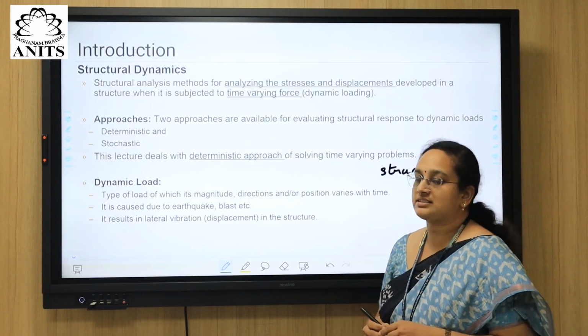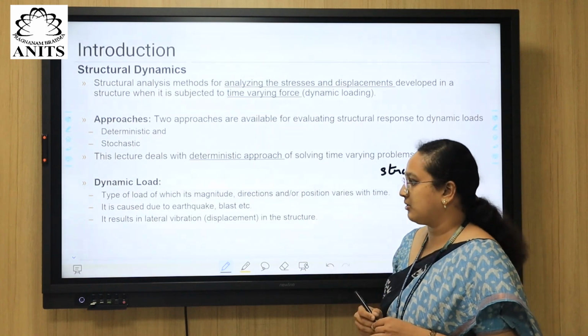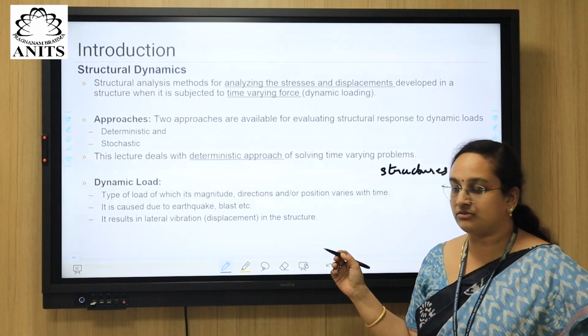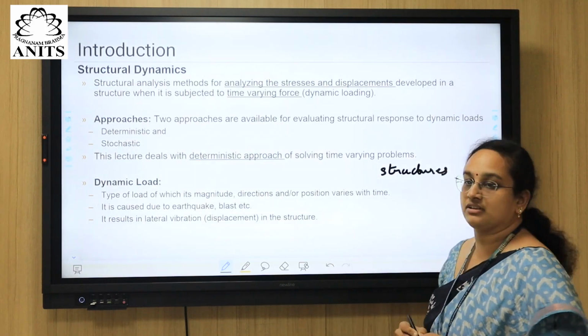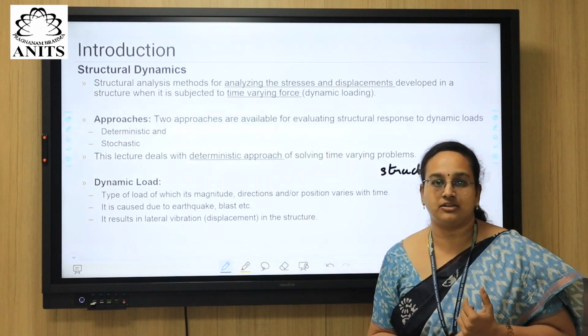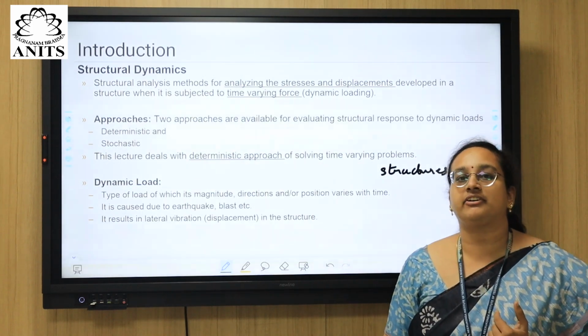Now let us further discuss what is dynamic load. Dynamic load is the type of load of which the magnitude, direction and position vary with time. So there are three parameters in that. One is the magnitude that changes with time. So every time step we need to define the force.